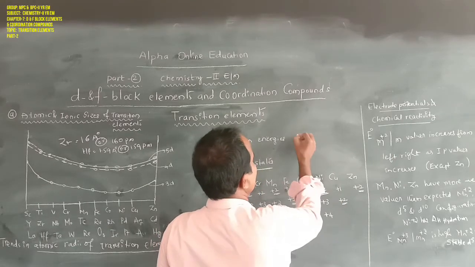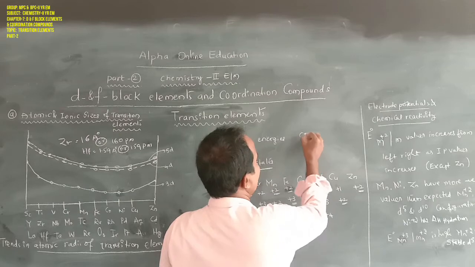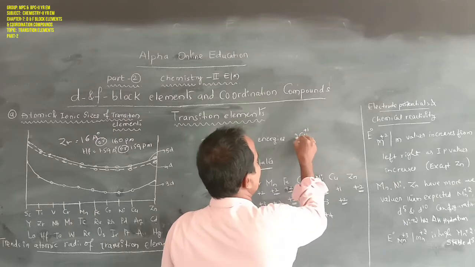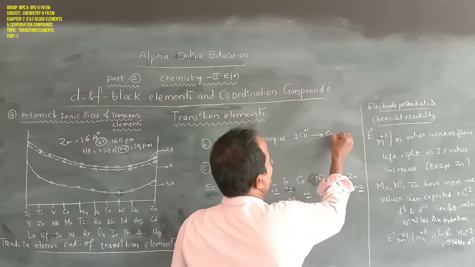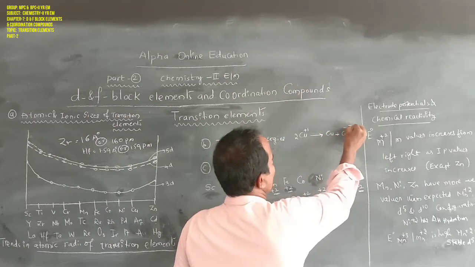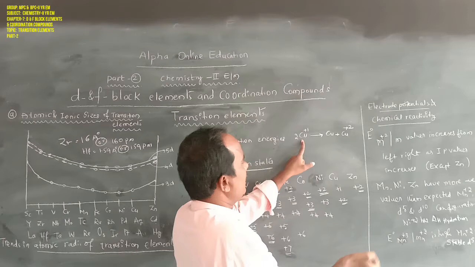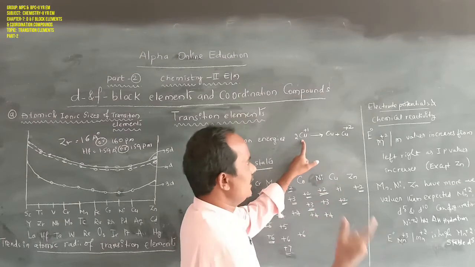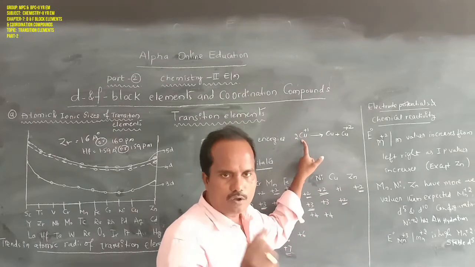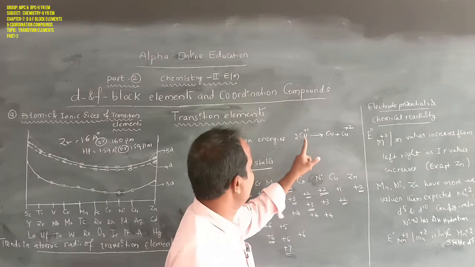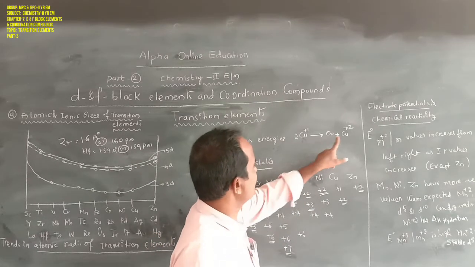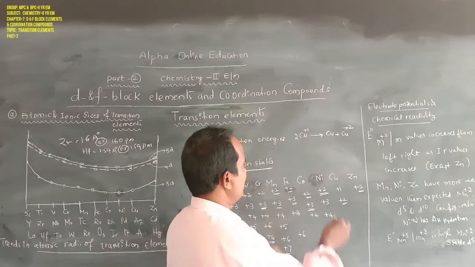Disproportionation reaction means copper in the +1 oxidation state forms Cu and Cu +2, that is, the copper ion undergoes oxidation as well as reduction. Oxidation as well as reduction both taking place in one ion is called a disproportionation reaction.